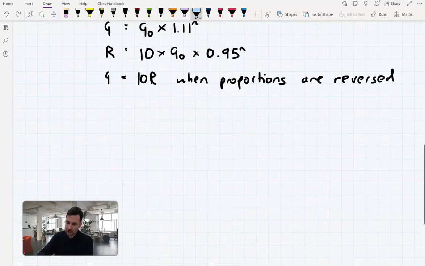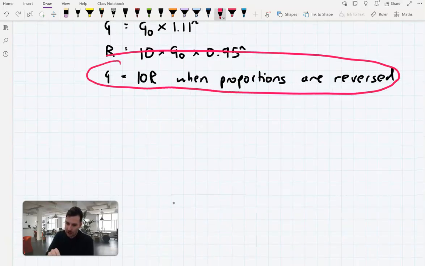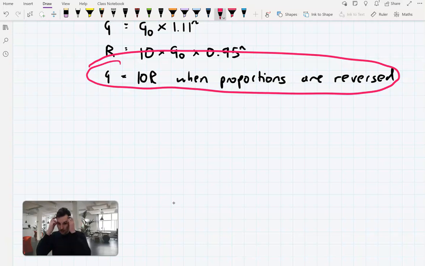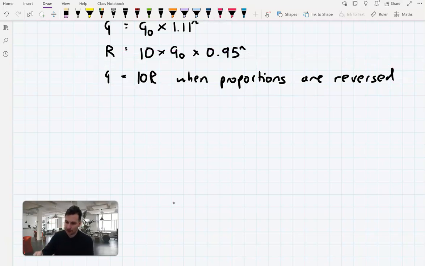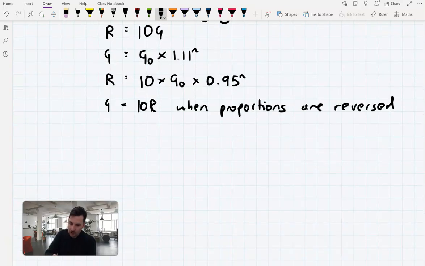So let's do this. Let's take this proportion that the question needs. So we want the grey kangaroo population to equal 10 times the red kangaroo population. So let's rewrite our grey kangaroo population using this equation that we came up with up here. So let's say that g is going to be equal to g0 times 1.11 to the power n.